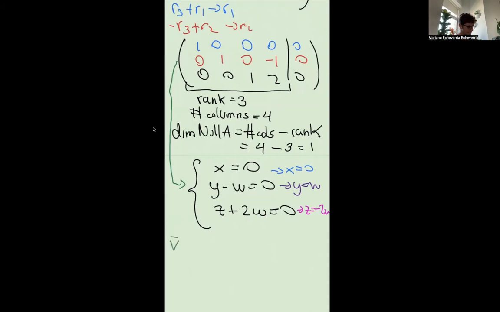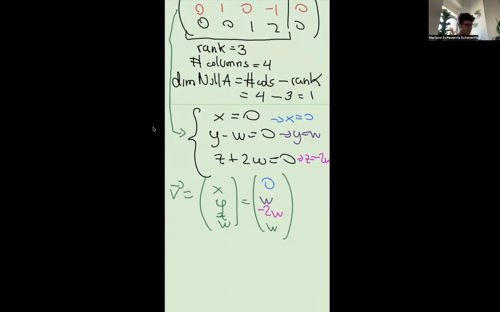So a vector (x, y, z, w) is just x is 0, y is w, z is minus 2w, and w equals w. So everything is a multiple of w.